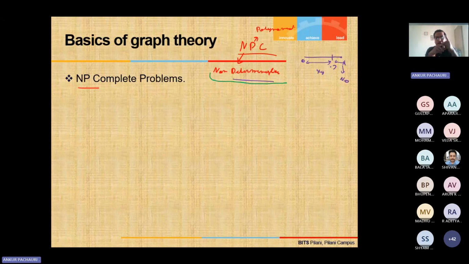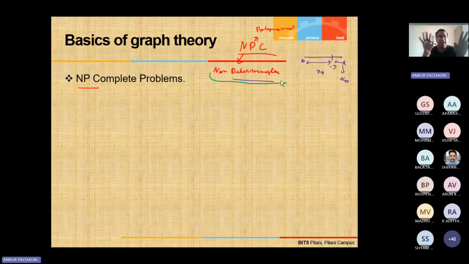All the randomized algorithms come under the set of non-deterministic algorithms, as well as the probabilistic, stochastic algorithms. All the stochastic algorithms, which work based on probability, also belong to the category of non-deterministic algorithms.